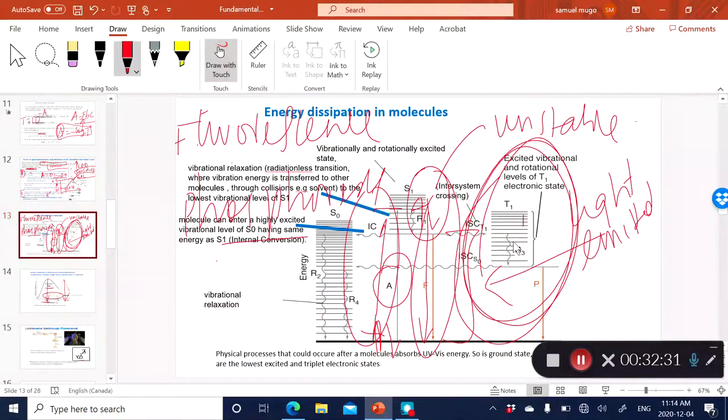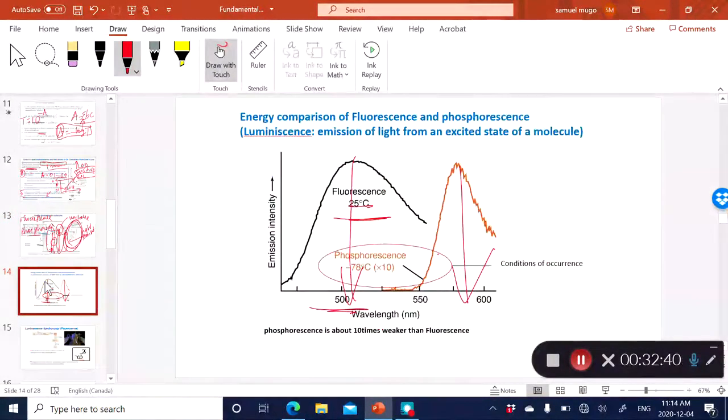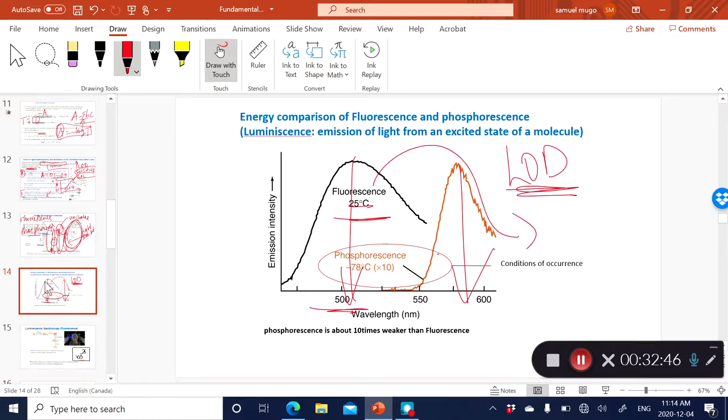Because I'm losing some energy, phosphorescence has a lower energy gap compared to fluorescence. So in terms of limits of detection, fluorescence has a lower limit of detection, meaning it's more sensitive, compared to phosphorescence, which is less sensitive.